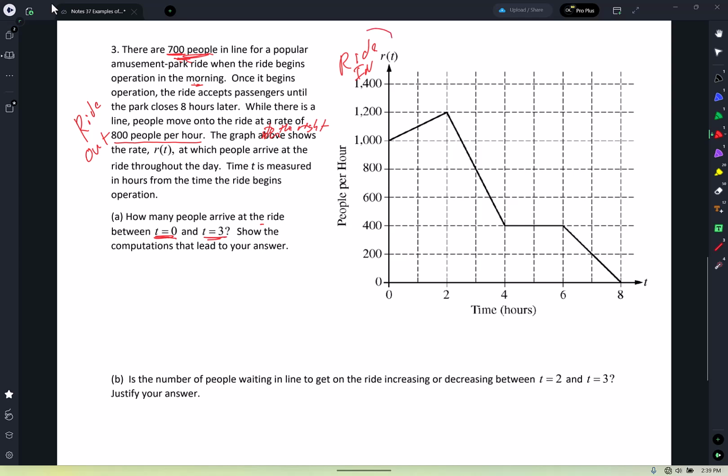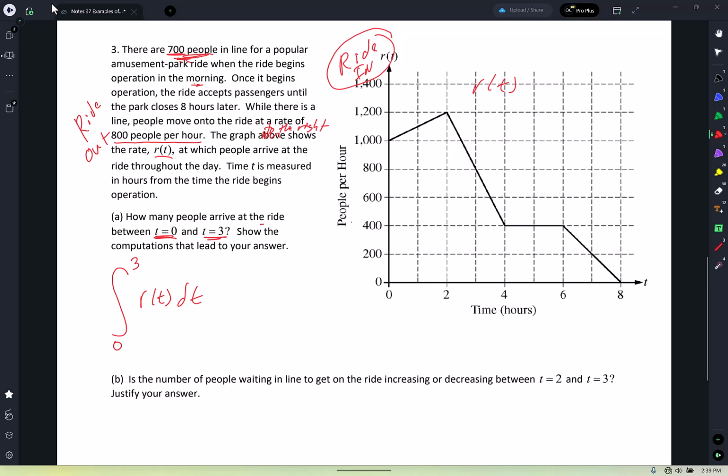Well, think about it, guys. I'm going to find the integral between 0 and 3 of r of t. And this is r of t. Chav, I don't understand what you're doing at all, not even a little bit. This is how many people arrive, right?